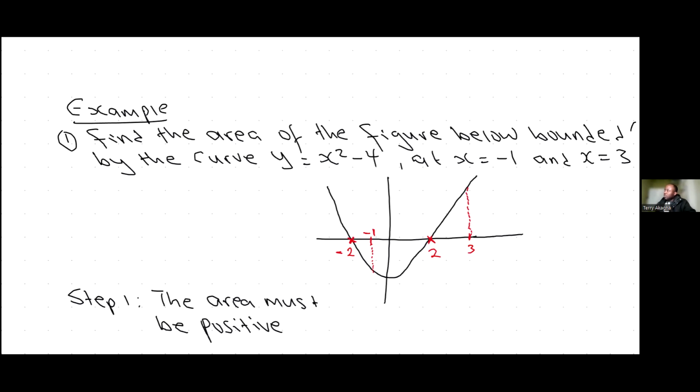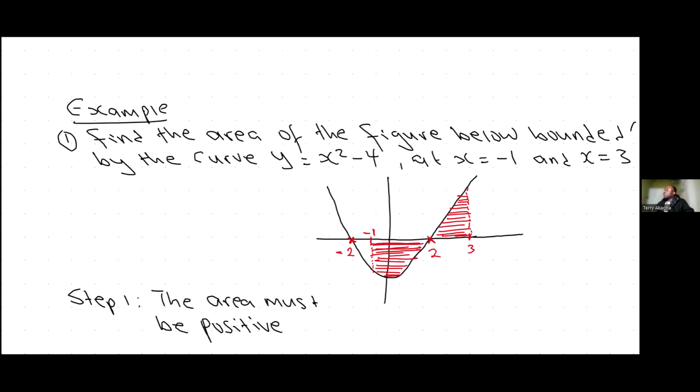So if I can shade it to make it easy to understand, so these are the points we're interested in. So that is the area that we're asked to look for, all right?